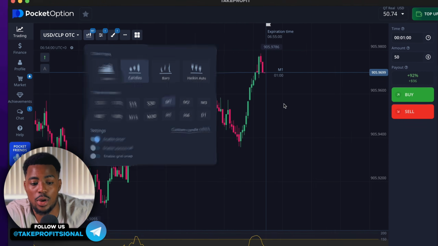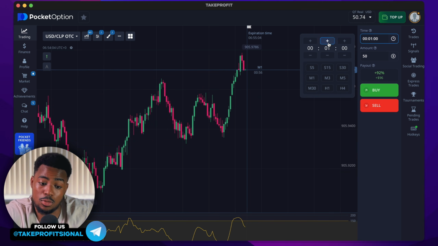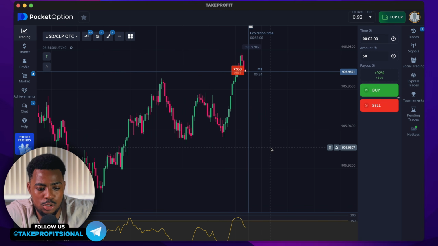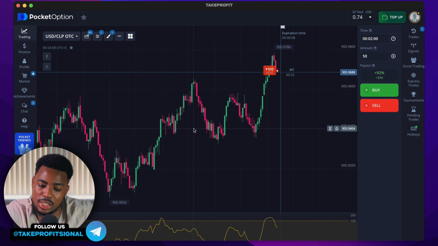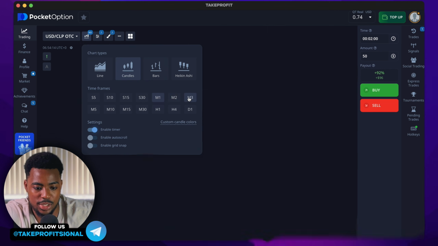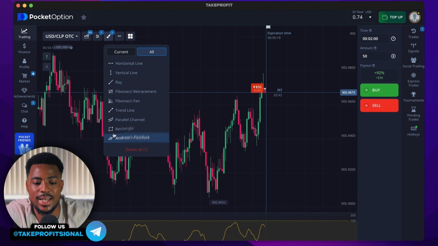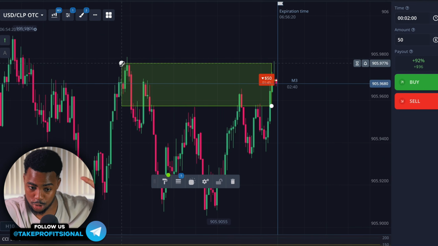I will switch to M1 and open a trade here for 2 minutes and down. Now I will explain to you why I made such a decision. Please listen carefully. Switching here to a higher time frame, I found that we have a horizontal level, and this level is quite large.